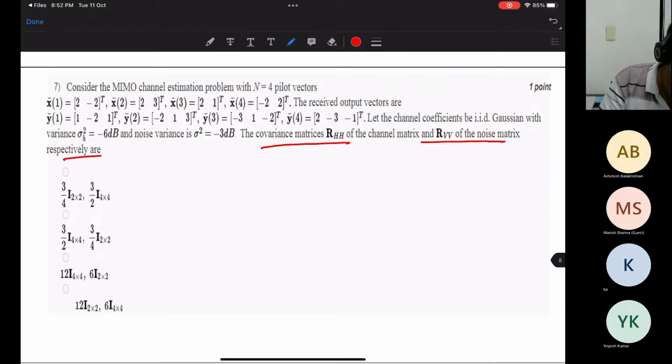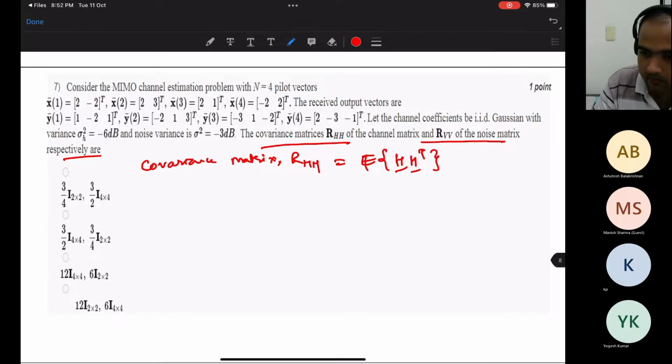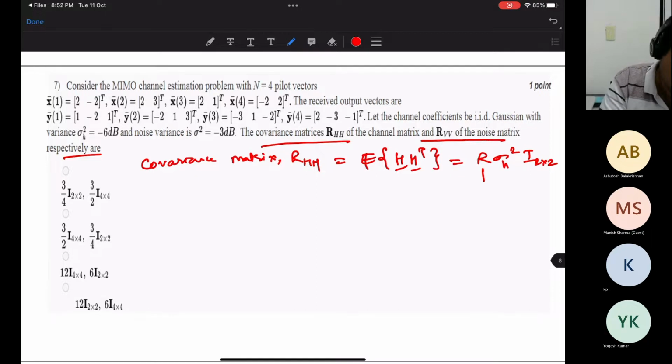The covariance matrix RHH of the channel is basically the expectation of H H transpose, and as done in the lectures, this is R sigma H square I 2 by 2, where R is my number of receive antennas.